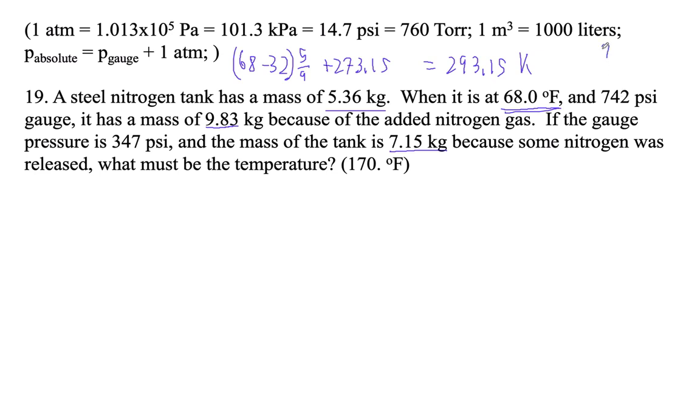742, all we have to do is add. We don't actually need to turn that into pascals. I'm just going to add an atmosphere, make it absolute psi. So 742 plus 14.7 is 756.7. And we can just use that in the combined gas law. And then the new gauge pressure is 347. Let's turn that into absolute pressure.